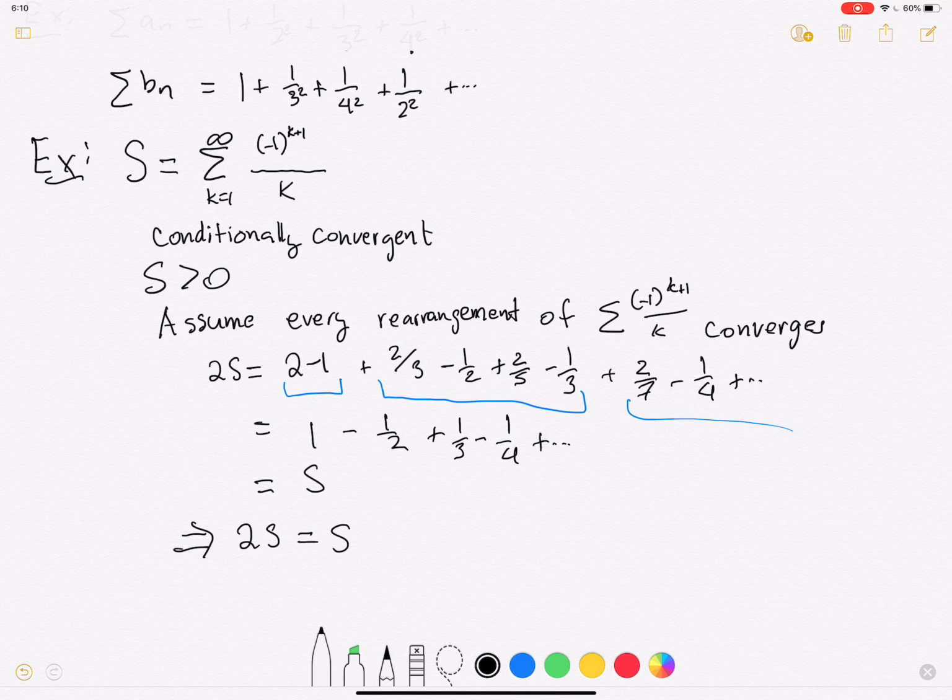Assume for eventual contradiction. So then that means 2S equals S, means 2 equals 1, a contradiction.